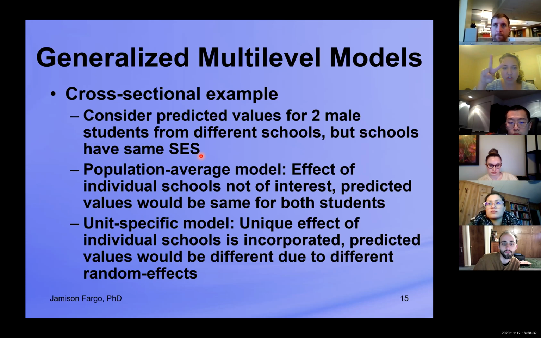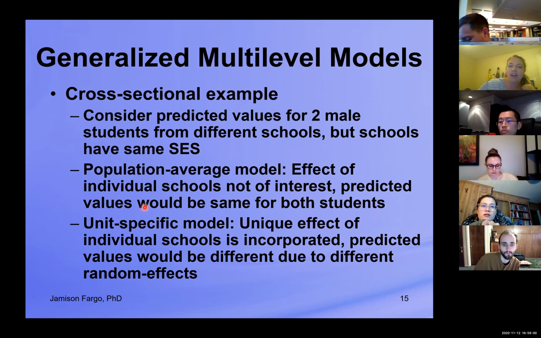So we have 2 boys, one at this school, one at that school. Their schools have the same SES. Should they have the same predicted value? With a population average, with a GEE model, the individual schools are not of interest because we're just using a correlation matrix.